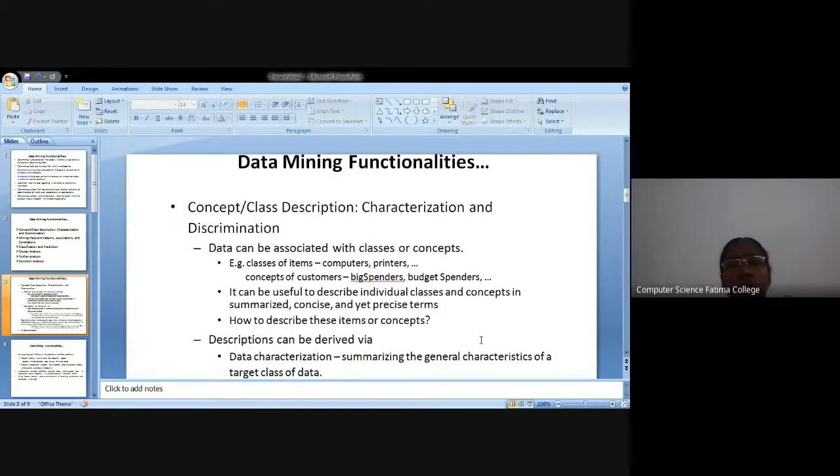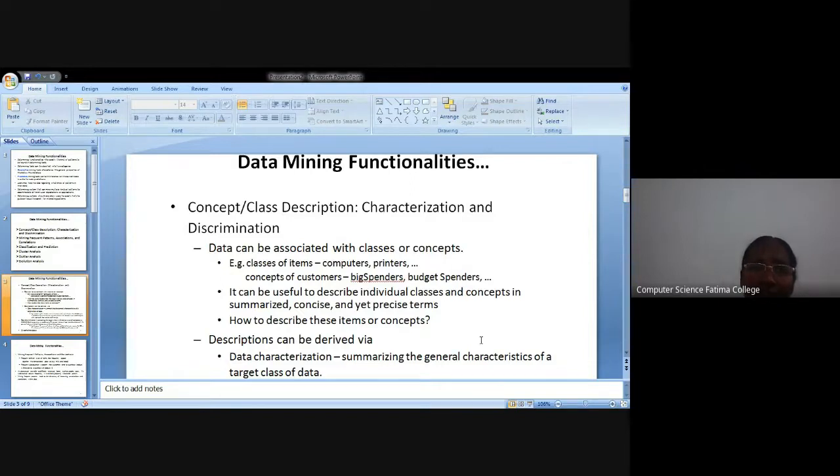Now we are going to explain in detail how to find the characterizations and discriminations. Before that, you should know how the data is associated with classes or concepts. Classes simply represent the classes of items of a particular shop. Take as an example system peripherals: computers, printers, scanners are considered classes of items.